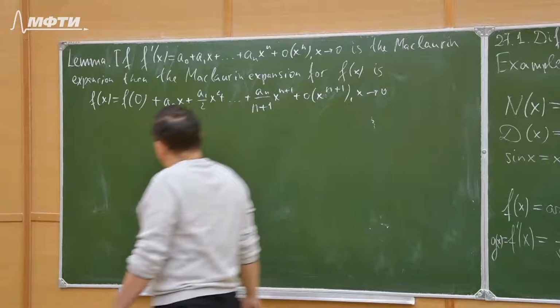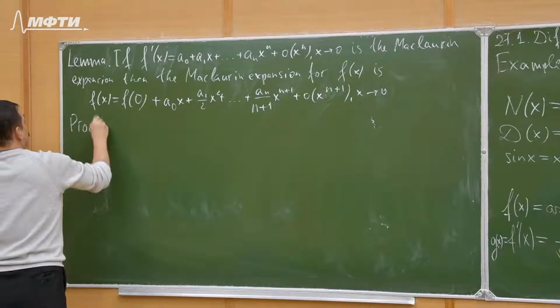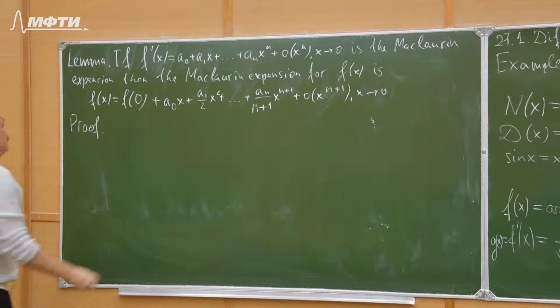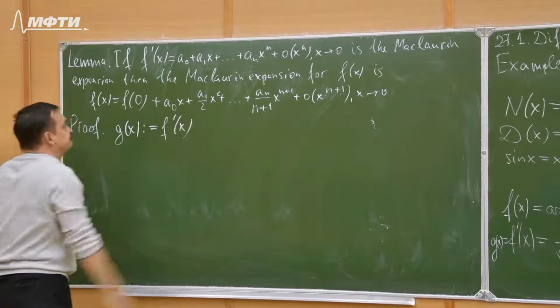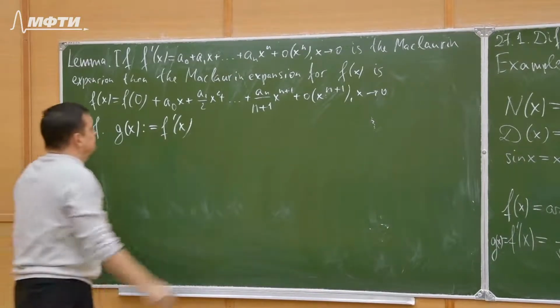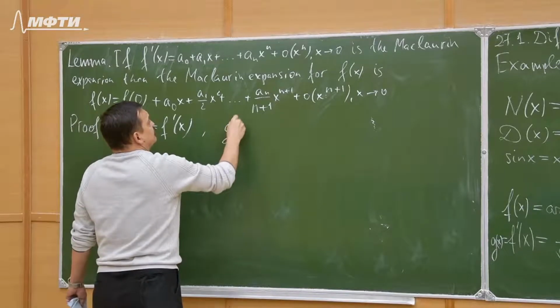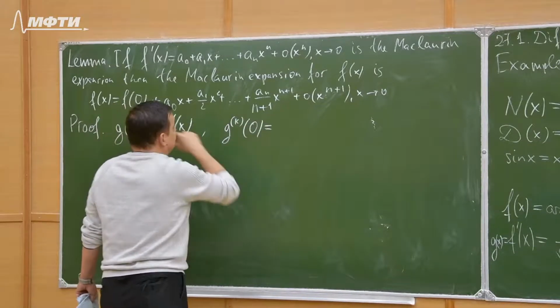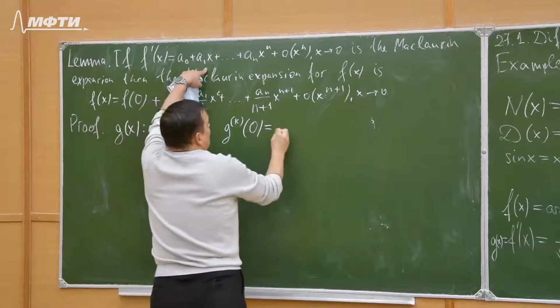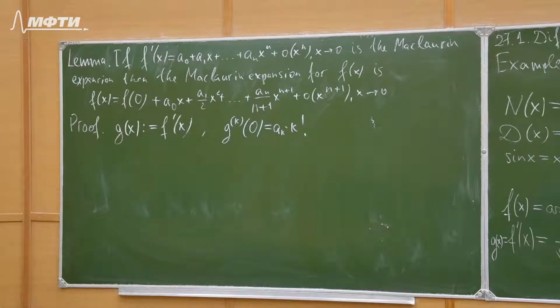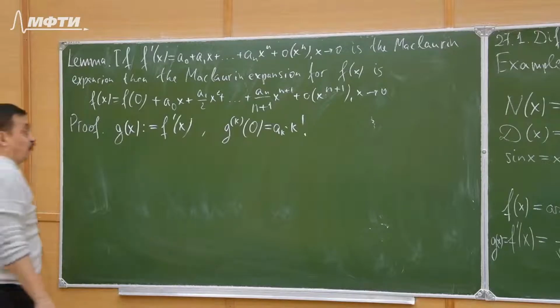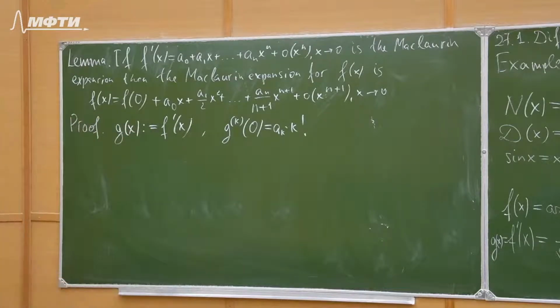So the proof is like we did before. Denote g of x by f prime of x. Then we know that the kth derivative at 0 is just ak times k factorial, because of the expression for coefficients and uniqueness for asymptotic expansions.